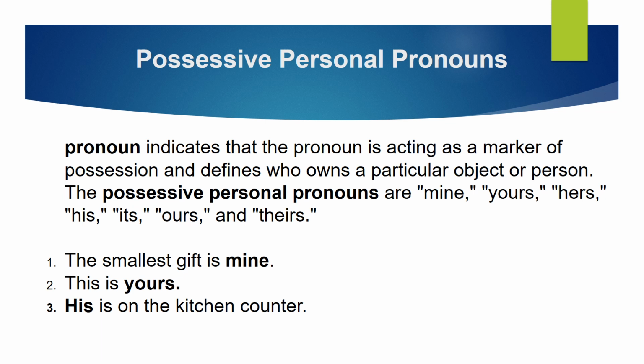So "yours" in this case is a subject complement, and it is a possessive personal pronoun. Then the last sentence is: his is in the kitchen. In the example, the possessive pronoun "his" acts like the subject of a sentence.